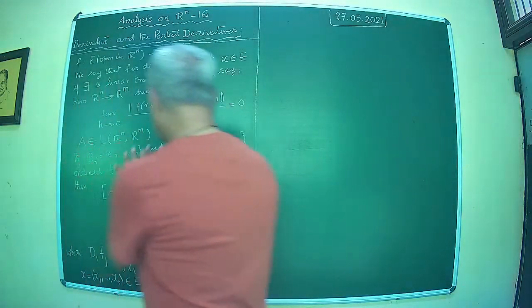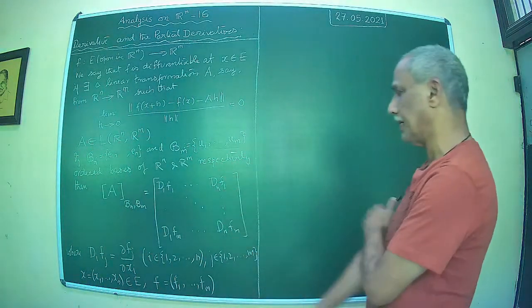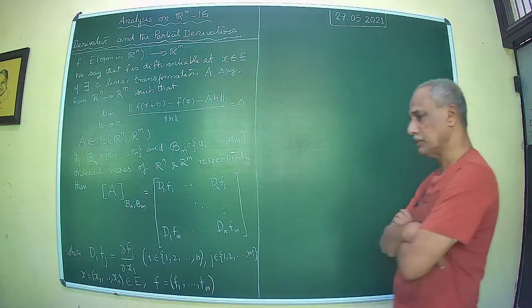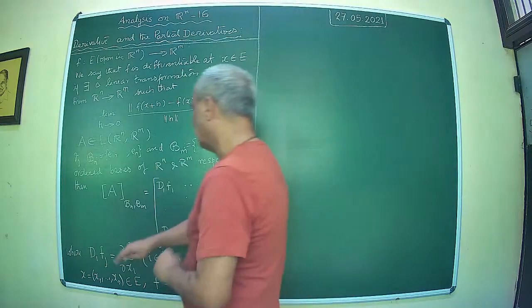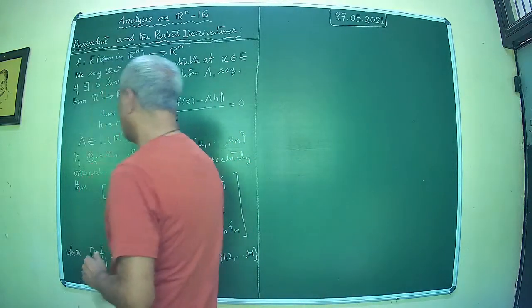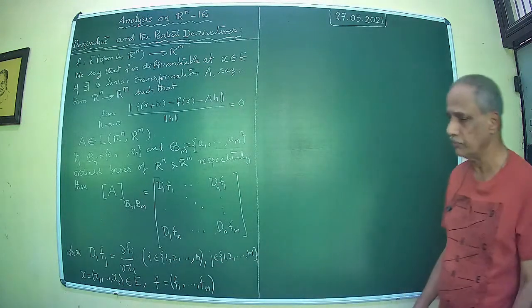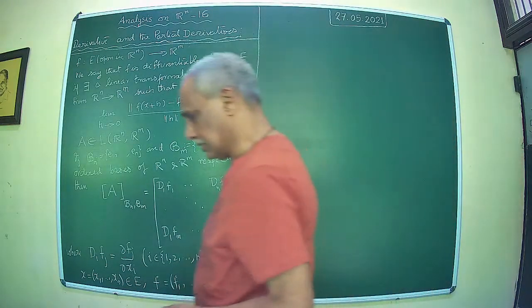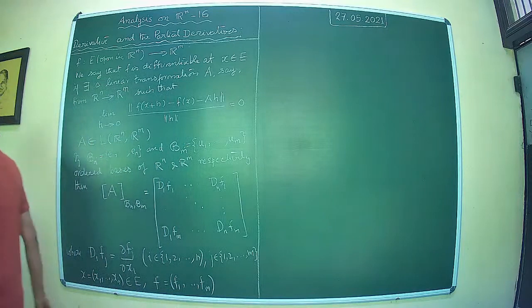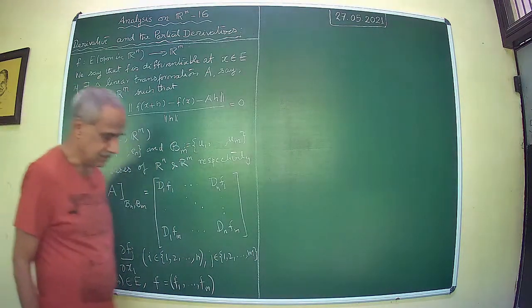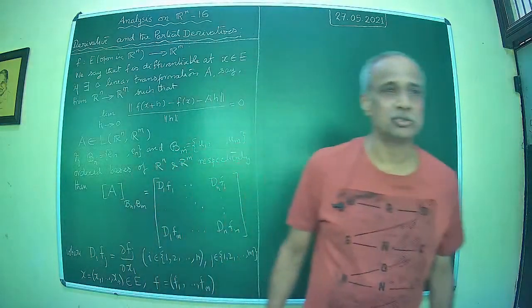So once the function is differentiable, then all the partial derivatives exist, and then the partial derivatives give a representation for the linear transformation in terms of the standard basis. Now this is exactly what we have proved so far. Now the question that you ask is this: is the reverse connection true?